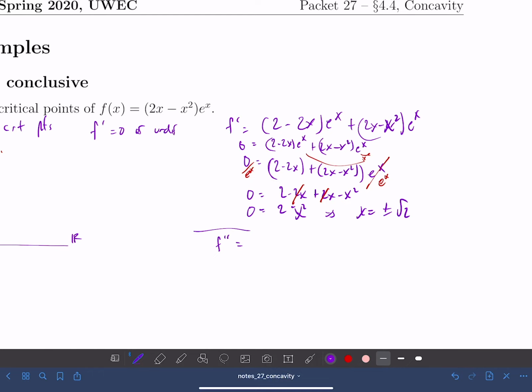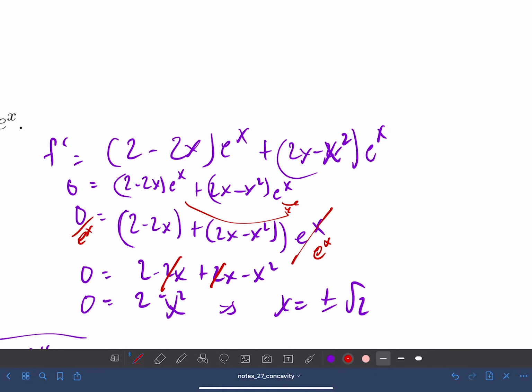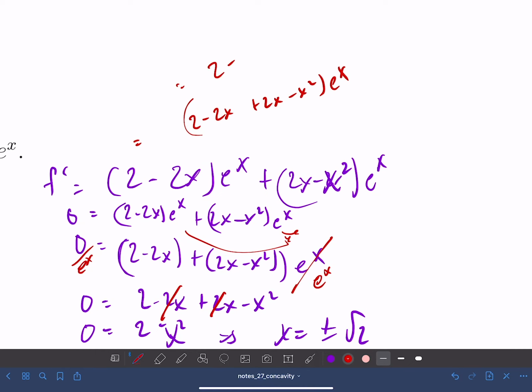How about we take an easier version of this? Instead of doing the product rule twice, let's simplify f prime, because I don't really want to do the product rule twice. That's equal to (2 minus 2x plus 2x minus x squared) e to the x after factoring out the e to the x. Then that's going to cancel, and that's equal to (2 minus x squared) e to the x.